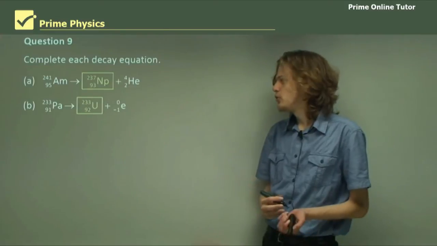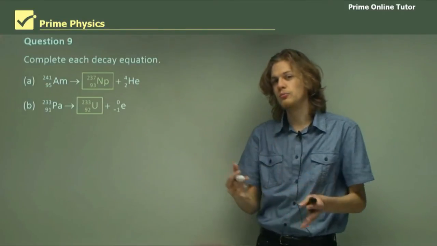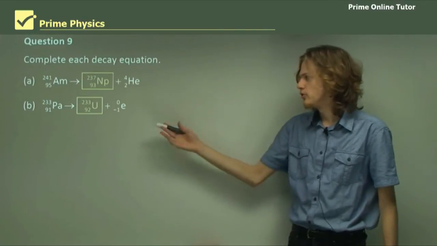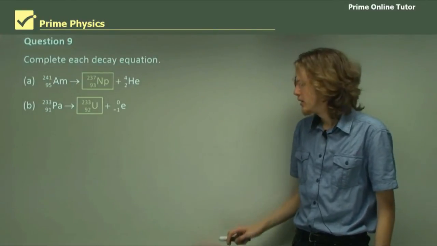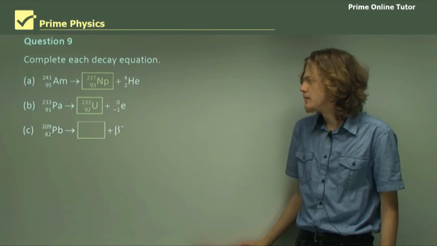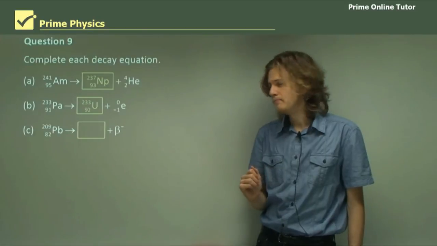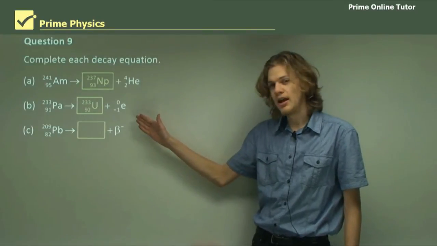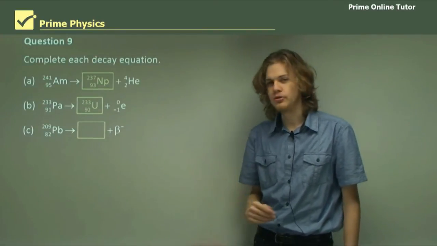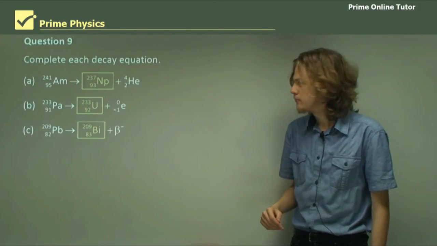So our answer is 233 atomic mass units and 92 protons for uranium. This is uranium-233. C, lead-209 undergoes beta-minus decay. So its mass doesn't change, but its proton number increases by 1, and it becomes bismuth-209.